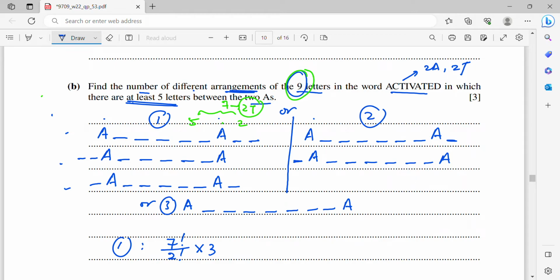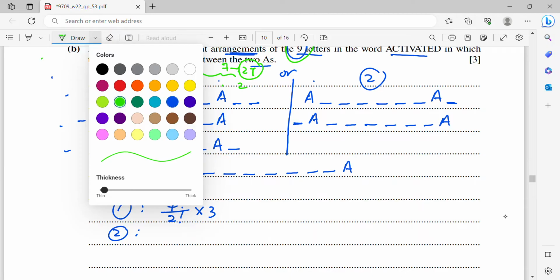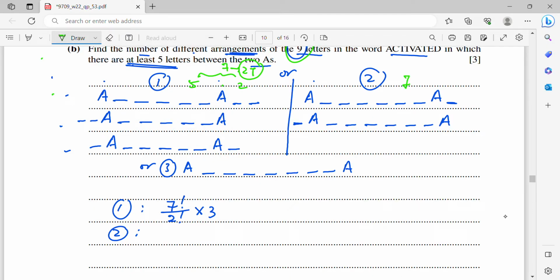Alright, so for the second, again, here I have 7 letters. Out of 7 I have 2 T's. So it will be 7 factorial over 2 factorial.